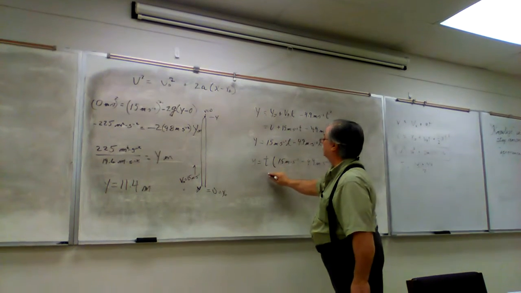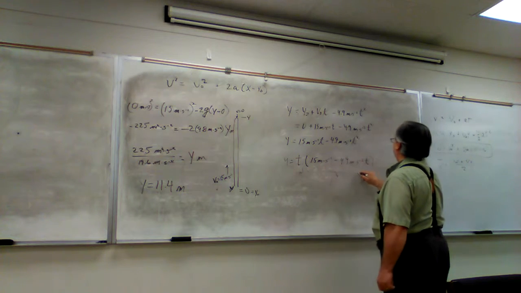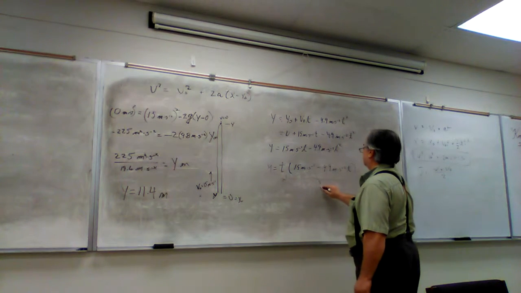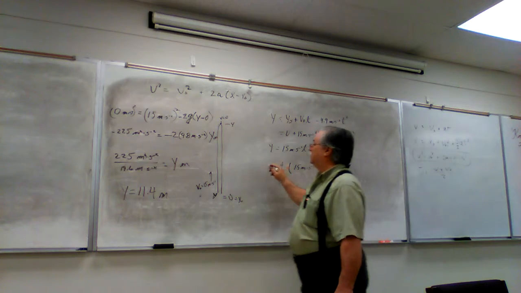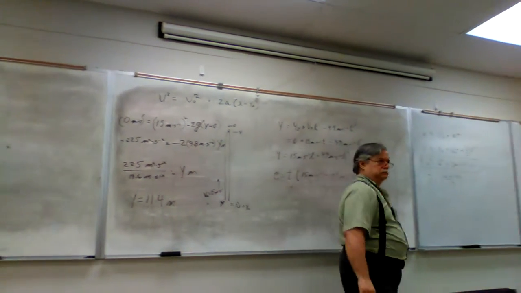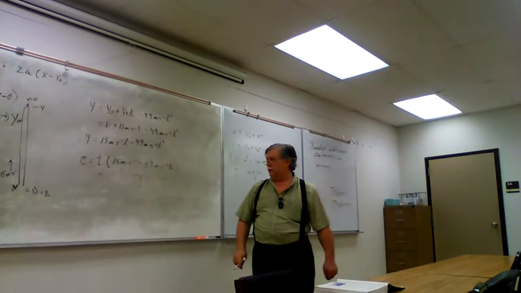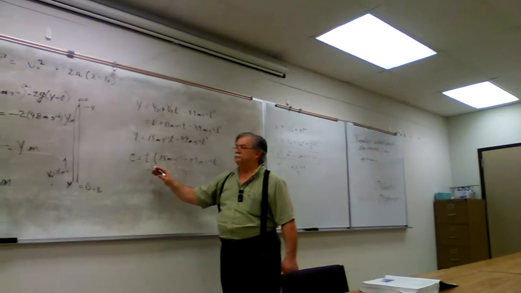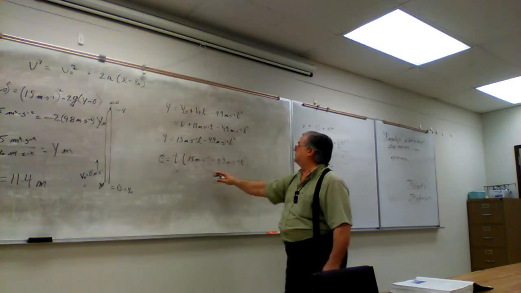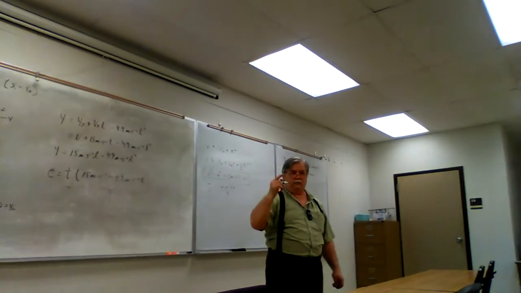So we've got two factors: t and this t. And we're looking for when y is going to be equal to 0. That's crucial here. That's important. In order for this product to be equal to 0, what must be true?